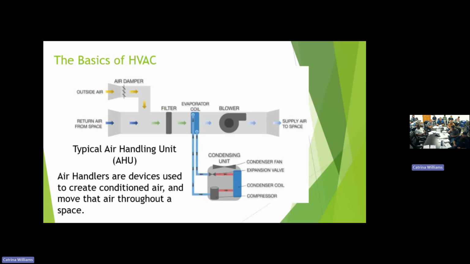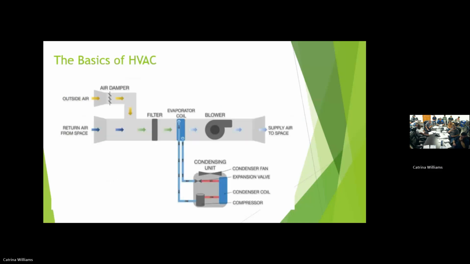An air handler is a device used to create conditioned air and move that air throughout the space. That's what we're trying to accomplish with an air handler. So number one, what the air handler is made to do: I can tell you exactly where it is in this room, whether it's in the ceiling or through the hallway.